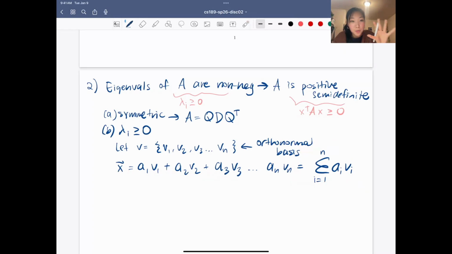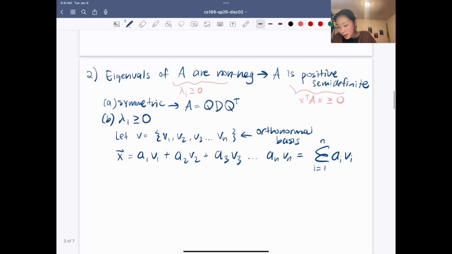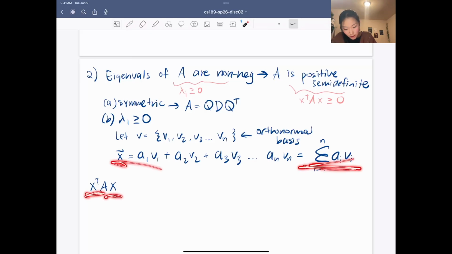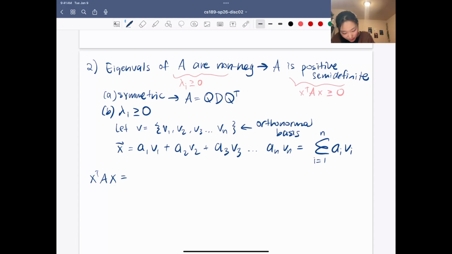Now I'm going to do the little backwards thing where we want to try to create x transpose A x. But we can't really show anything about this directly. What we do know is that this is true. So I'm going to replace the x with this definition that we created here. Doing that, I get the summation of i equals 1 to n of some linear combination that creates this vector x, transposed, times A, and then some other linear combination, I'll call that j: aj vj.